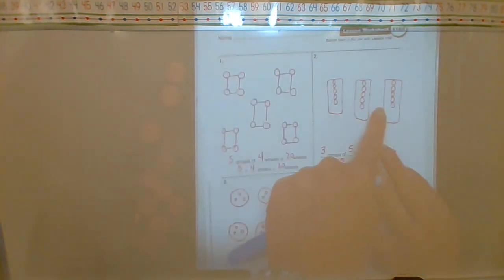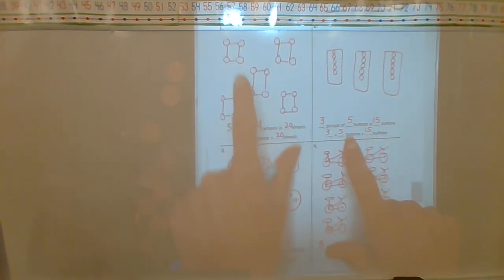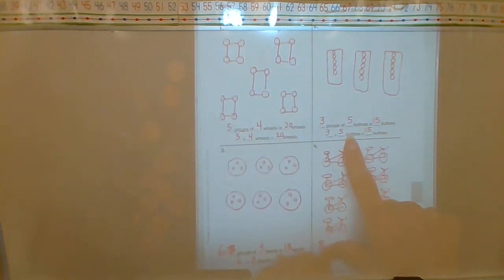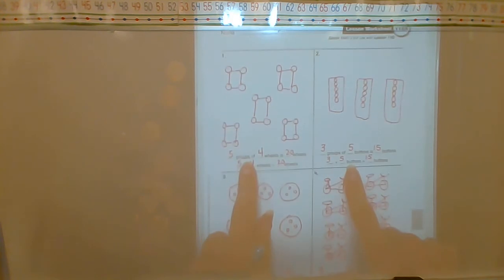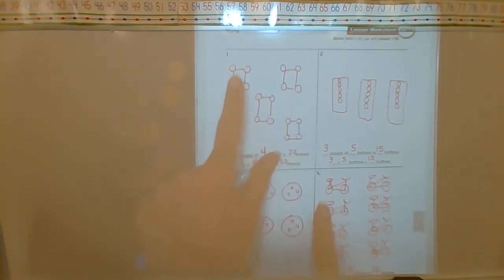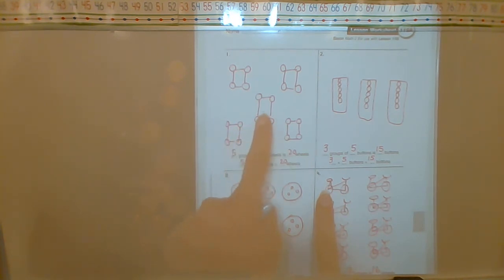We drew the pictures, and then below we were writing multiplication facts to show that our pictures were true. Remember that they are equal groups. Like in the first story, we had 5 cars, 1, 2, 3, 4, 5, and each car had 4 wheels. They are equal. 4, 4, 4, 4, and 4.